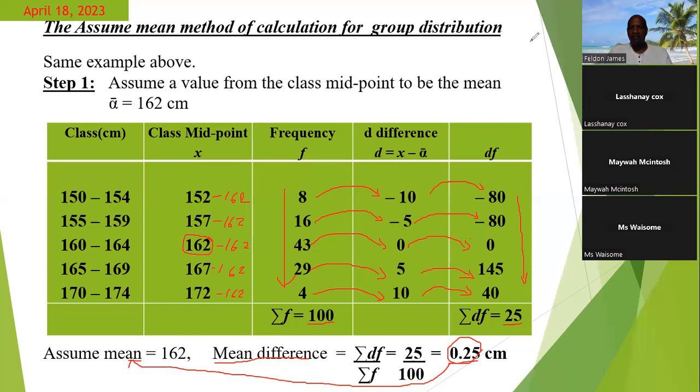You might have data values ranging in like 25,000, 30,000 or so on. In that case, you may want to find your mean difference so that you can work with smaller values instead of those larger values. All right, so you actually get the same answer as before.